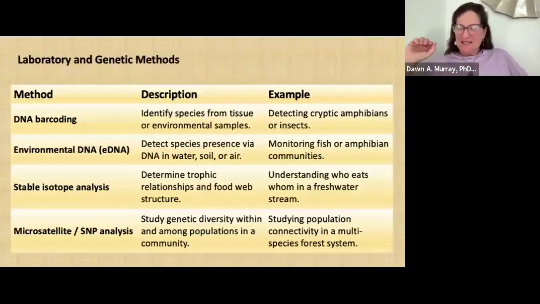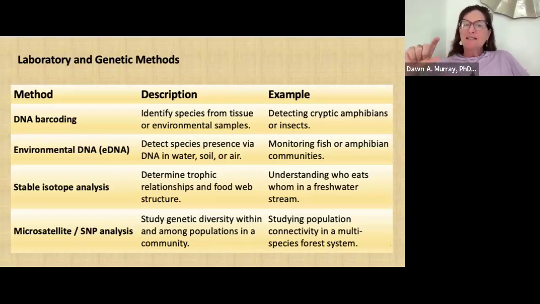So let's dive into some of these. Laboratory and genetic methods. And again, you might have some knowledge from reading other papers or other classes. Some of the papers I have you read in this class will also talk about some of these different ways of collecting applied ecological data. So one method is DNA barcoding.